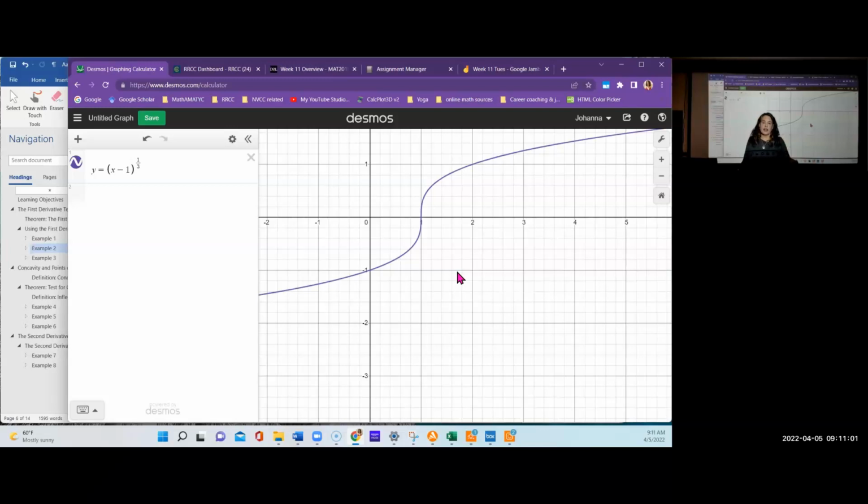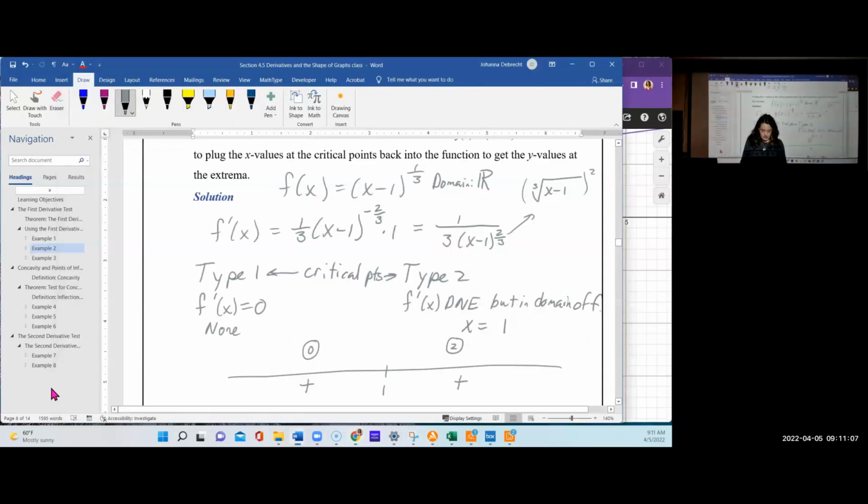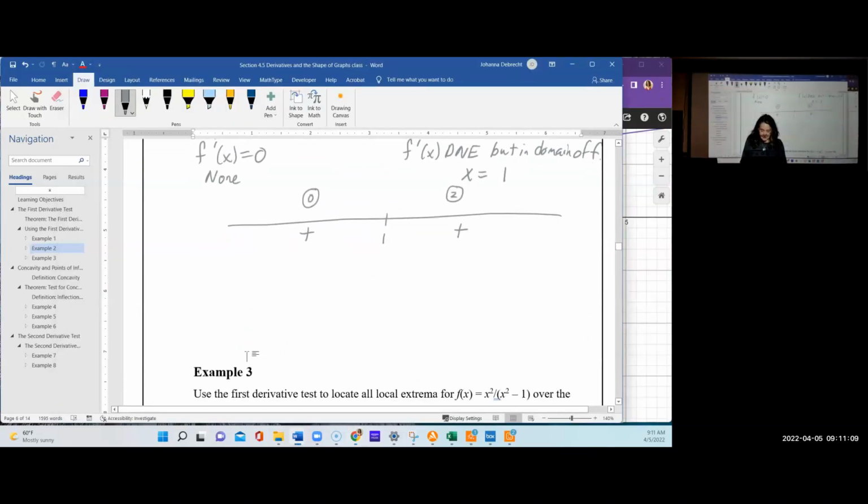It's a change in concavity, but we do not have a relative extrema. Okay. So we did not find any relative extrema on that one. No relative extrema. If there's no change in the sign of the first derivative, there cannot be a relative extrema there. It could be a point of vertical tangency, something else like that, or it's a saddle point.